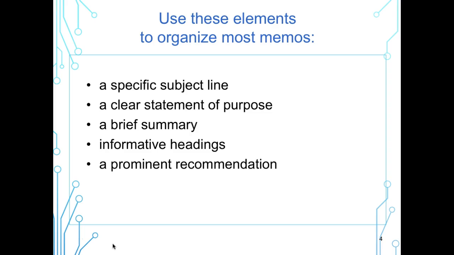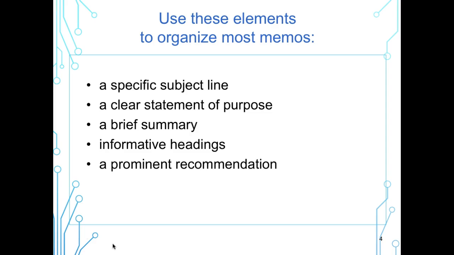So for example, if this is a report and you've got different headings about research conducted, the report team, findings, those kinds of things, then you want to have headings. On the format that I gave you that we will use most frequently throughout the class, you will have your statement of purpose, your discussion, and then your conclusion, your recommendation.